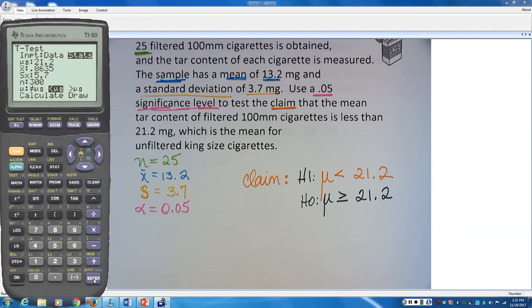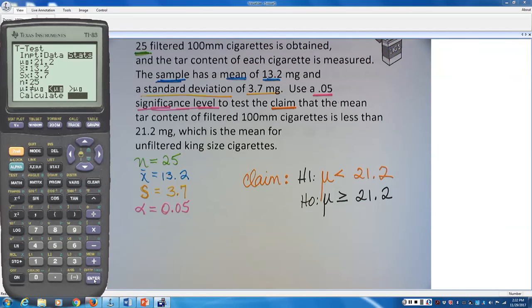The sample mean was 13.2. Sample standard deviation was 3.7. And they only tested 25 cigarettes. So H1, sorry, not the opposite of the claim, H1 says less than. So that's the right place.